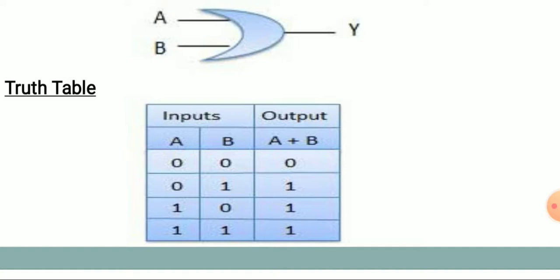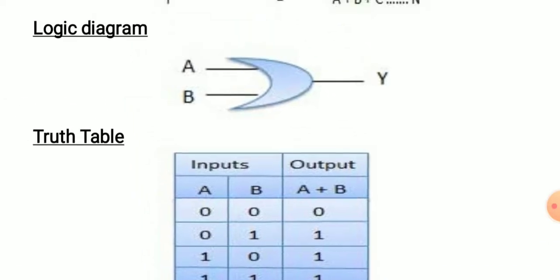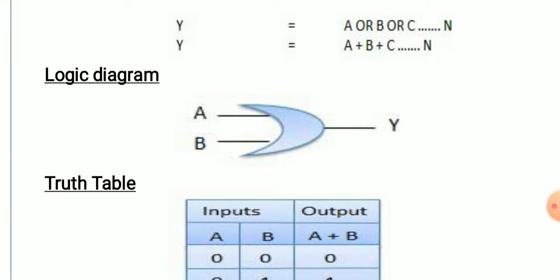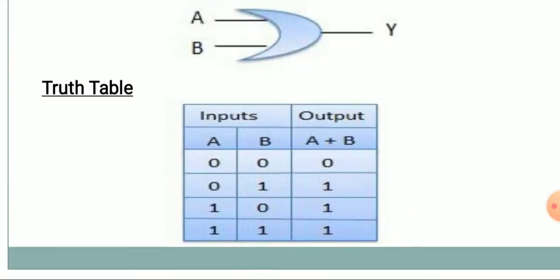In the OR table, the OR logic gate is represented using the plus symbol, and the logic diagram is also different for the OR gate. If A value and B value are 0, the output, A plus B, will be 0.